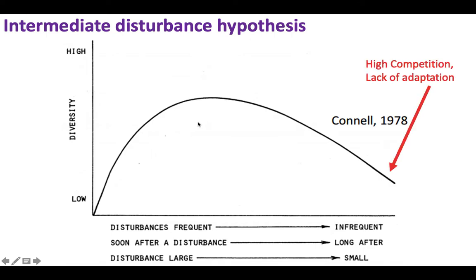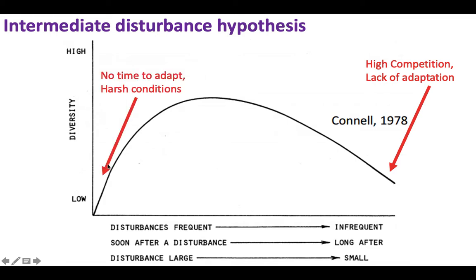Why is that? Well, in areas where disturbances aren't happening very often, there's very little selective pressure. Organisms aren't used to these disturbances enough where they can actually adapt to them, and instead that leads to high biological competition. So the species biodiversity tends to dip a little bit.